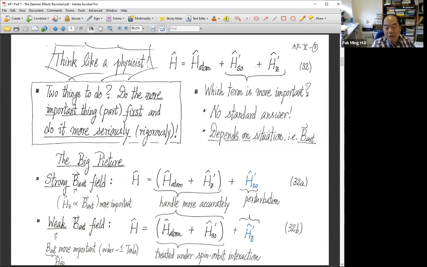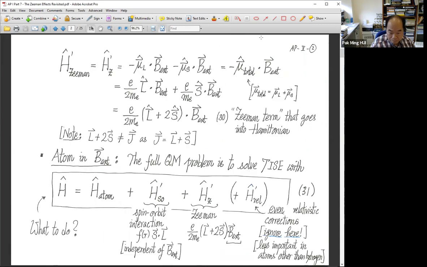It depends on the situation, and that is a physics point of view. What do I mean by that? If you have a strong external field, that is to say, when B external is 10 Tesla, we know the internal field is about 1 Tesla. In this case, obviously, the external field wins over the internal field, which is hidden here.